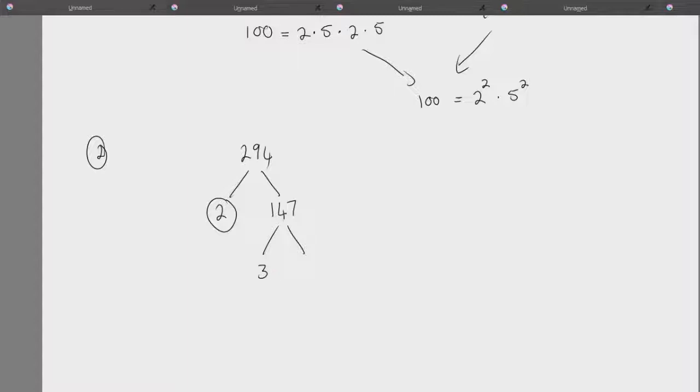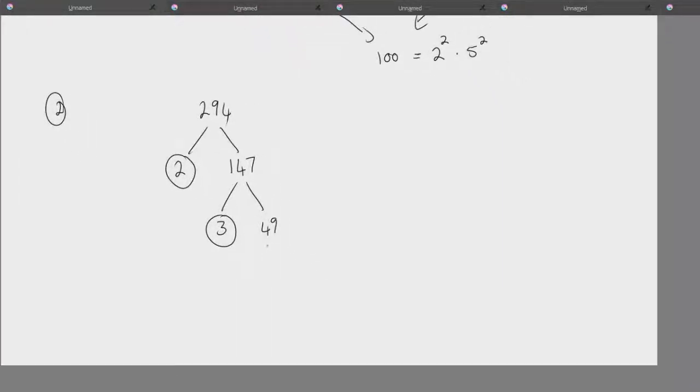So then if I divide this 147 by 3 to get the other factor, that's going to be 49. 3 is a prime number, so my path stops there. And 49 is obviously 7 times 7.